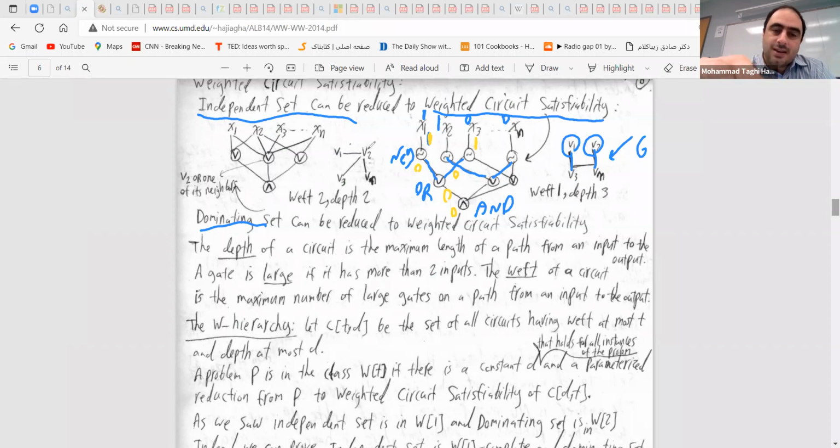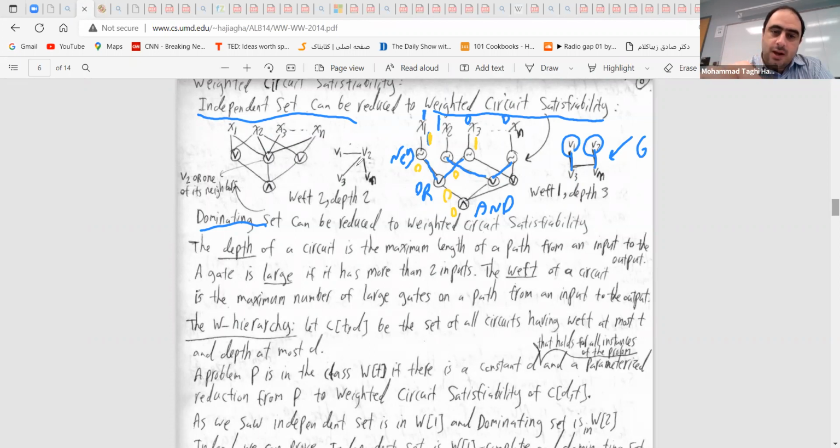So here, what do I do? For each vertex in the graph, I will put an OR. This OR includes the vertex itself and all its neighbors. And then I will take the AND of everything. Let's see what will happen for this example. So we have this V1, V2. I put one input for each of these vertices.